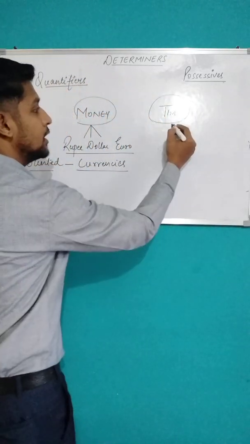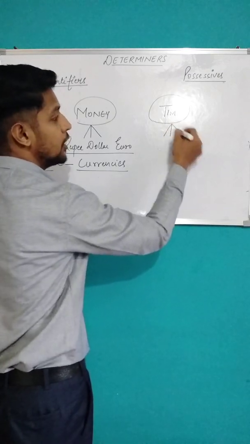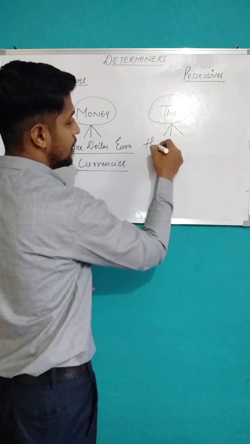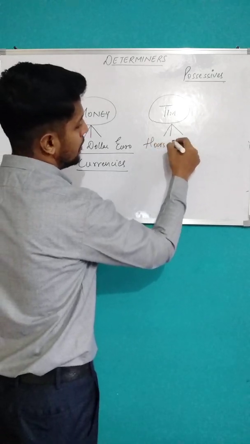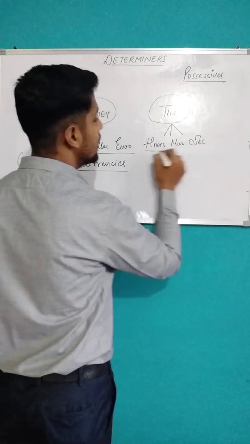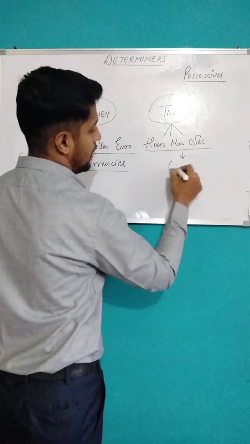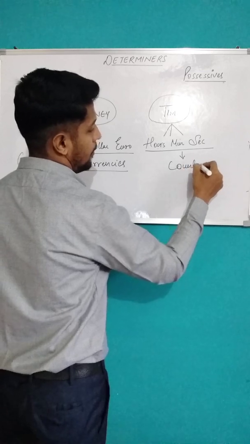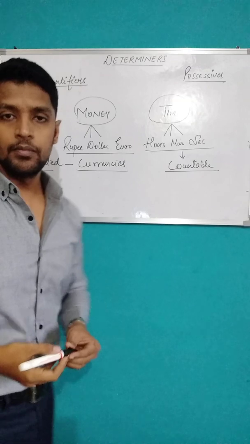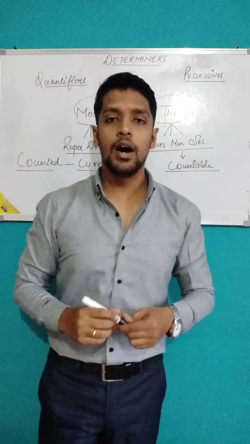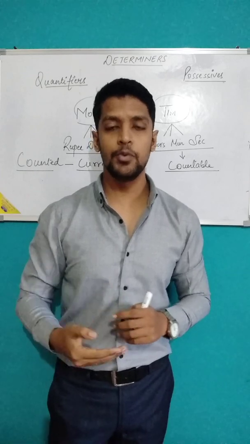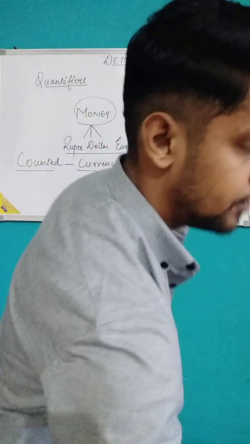So money is uncountable, sorry, time is uncountable, and the inner parts of it like hours, minutes and seconds, these are countable. So these are quantifiers. I hope I cleared it. Let's move to the next part of it.